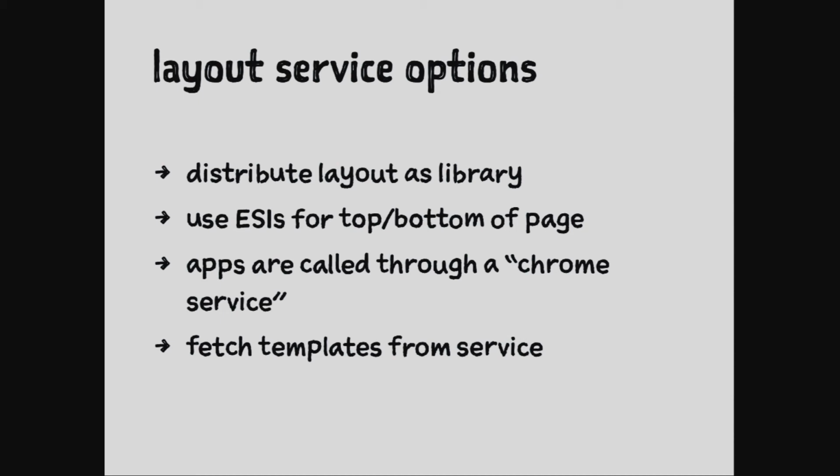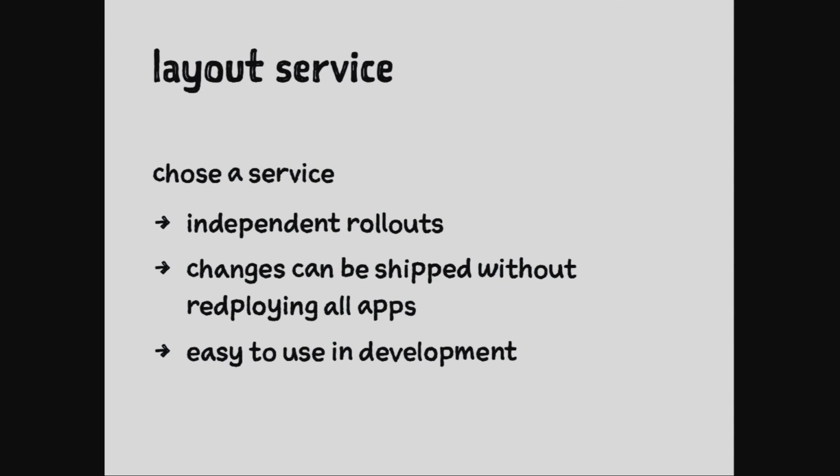But we decided to grab the templates from a service. This allowed us to have a team that was just focused on maintaining the look and feel of the website. And then it was just using a RESTful API that we did some versioning on. So teams can just grab whatever version of the layout that they want and dump it onto their page and then insert things inside.